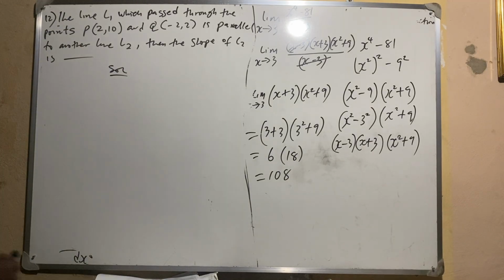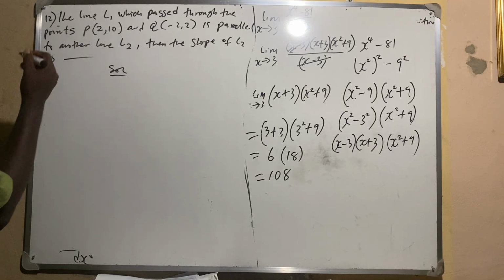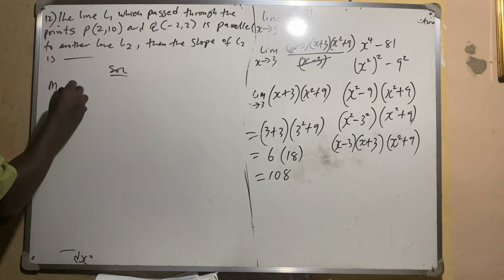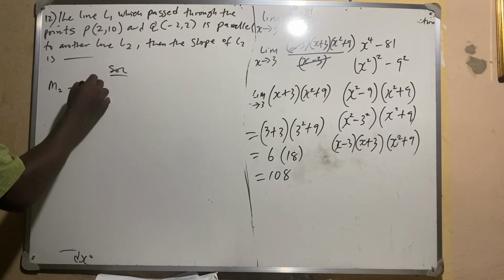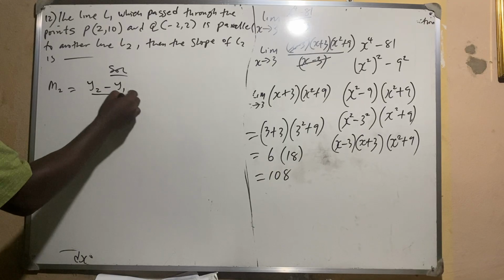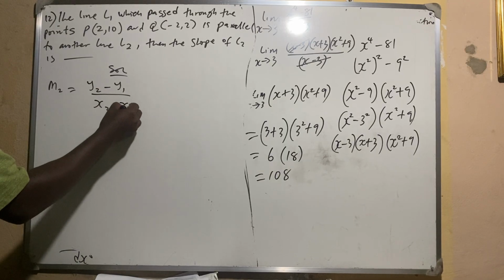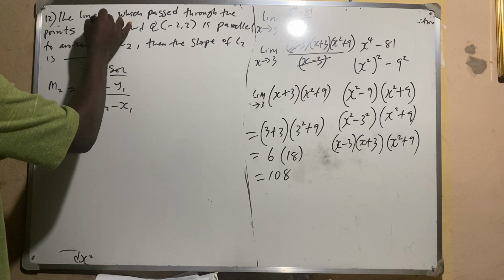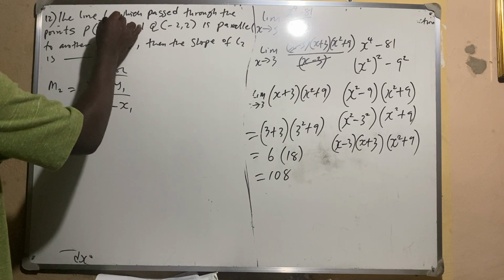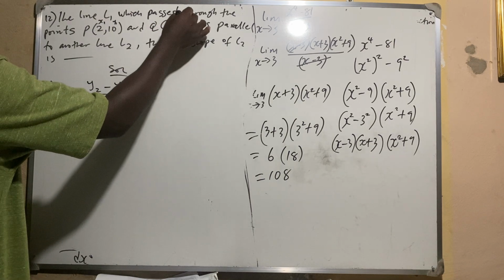Now the first thing we need to get is the slope of L1. Let's call it M1. M1 is the slope of L1, and since we have 2 points, it is the 2-point slope, which is y2 minus y1 all over x2 minus x1. That is change in y over change in x. That is slope. If you can remember your graph, or you can watch my video on straight line, you will see that. So you call the first one x1, y1, and the second x2, y2.